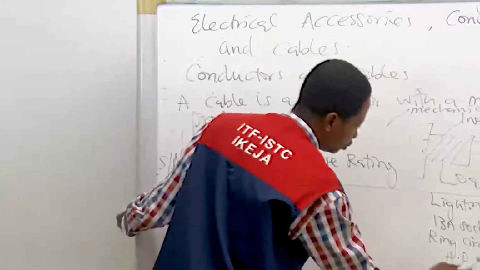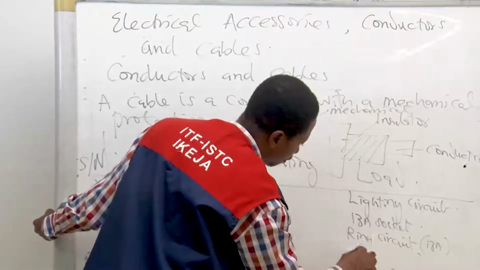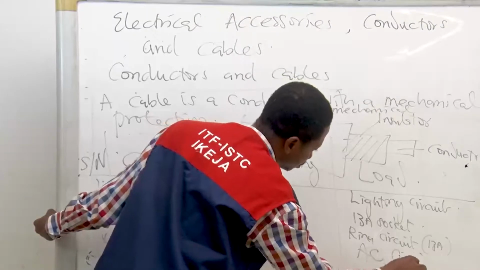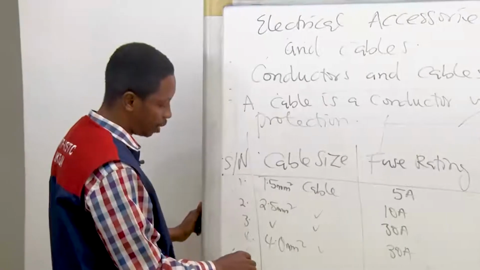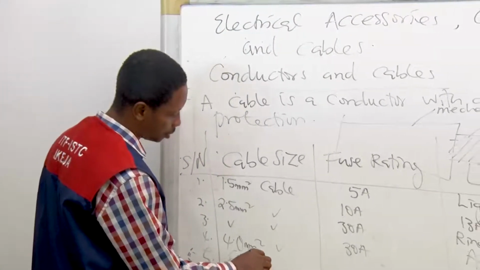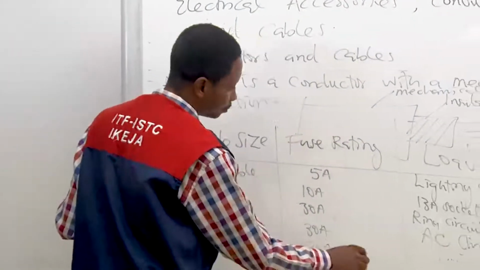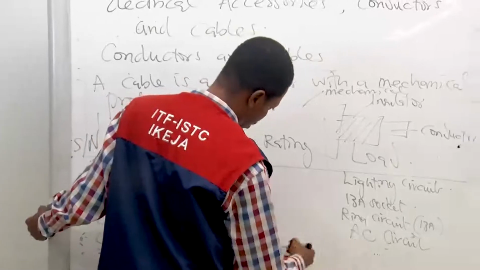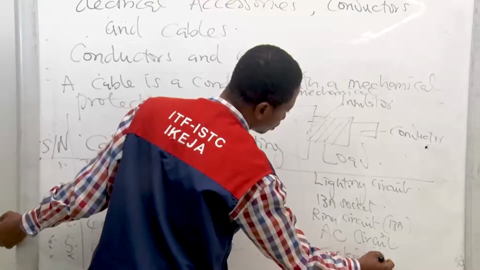Let me just put AC circuits. And then number five, we have 6 mm cable selection, another 30 amps. That is cooker unit.